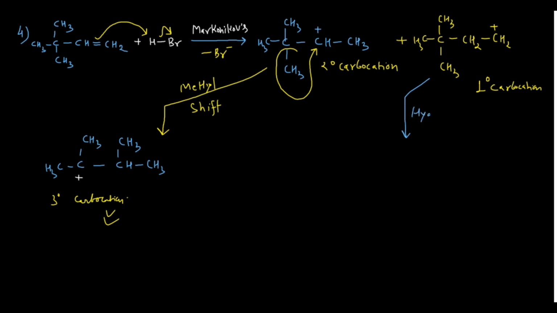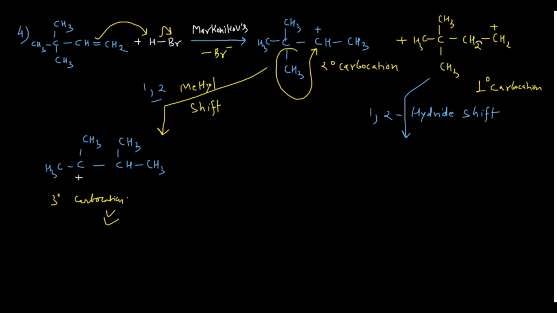I am writing hydride shift, and more precisely it is a 1,2 hydride shift, and this one is a 1,2 methyl shift. Why 1,2? See, this is position 1, this is position 2, so it is shifting from 1 to 2. Again you can see here, this is 1, this is 2, hydrogen will shift from here to here.